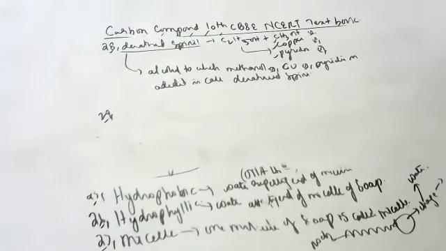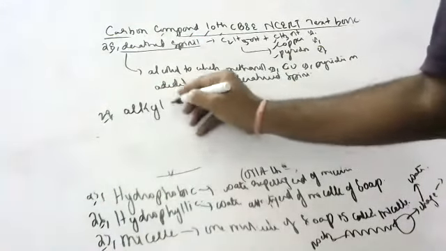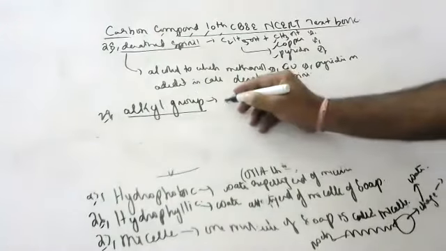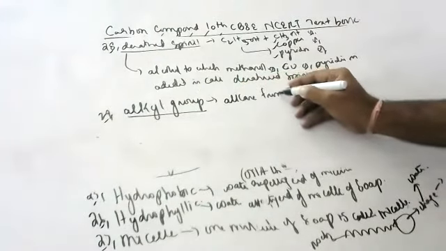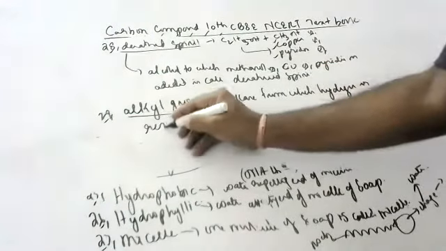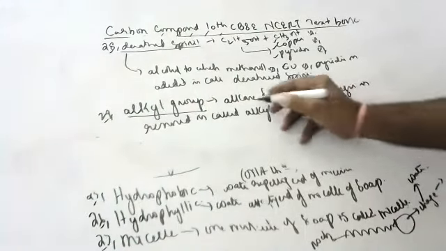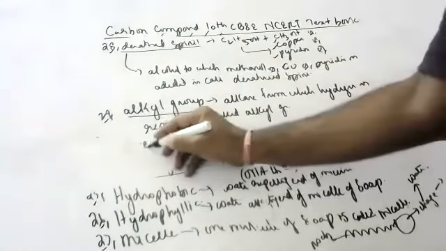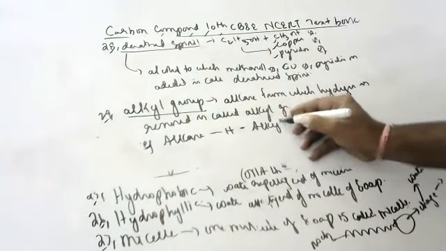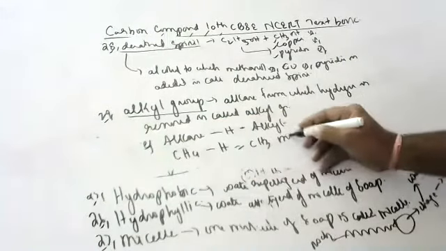These are the things we have studied. Now, alkyl group. What is meant by alkyl group? An alkane from which hydrogen is removed is called an alkyl group. For example, methane minus hydrogen is methyl.